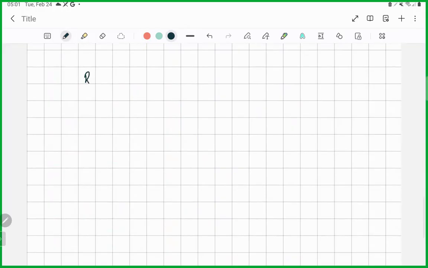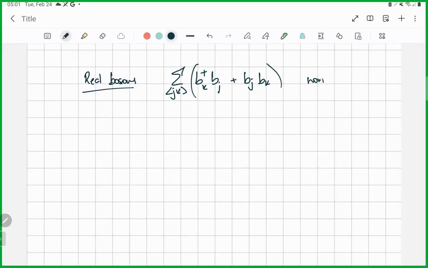If we are talking about real bosons, then yes. If we're talking about real bosons, those hopping terms, it doesn't matter if we are talking about 1D, 2D, 3D, doesn't matter. This is really bilinear. This is really quadratic. Okay, so this is really non-interacting.